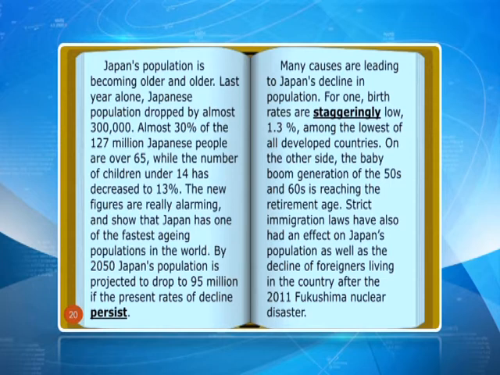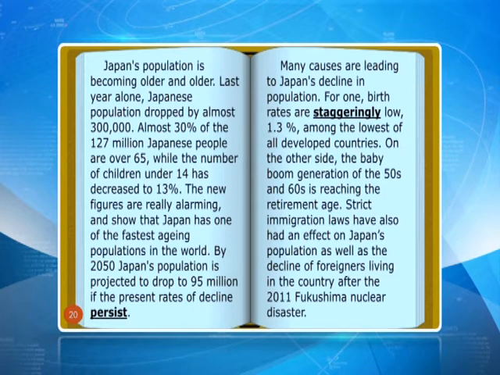The new figures are really alarming and show that Japan has one of the fastest aging populations in the world. By 2050, Japan's population is projected to drop to 95 million if the present rates of decline persist.